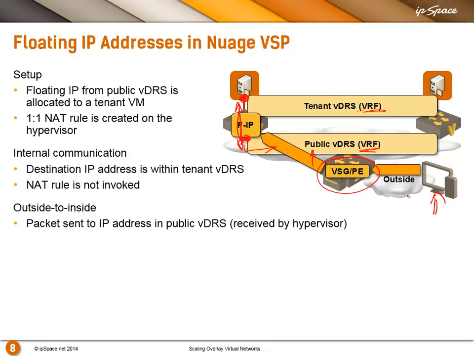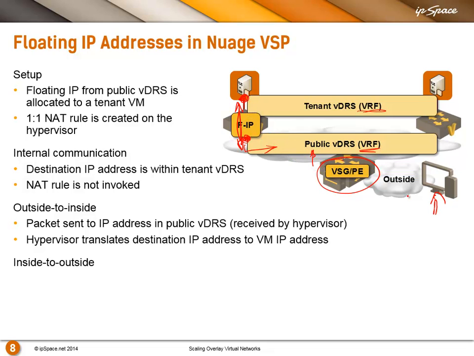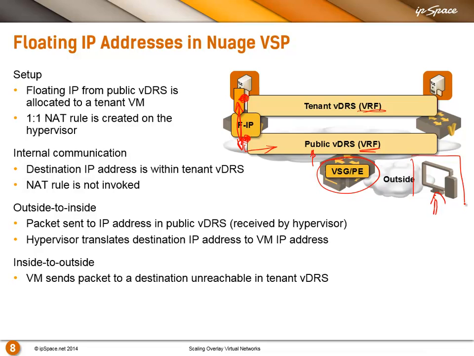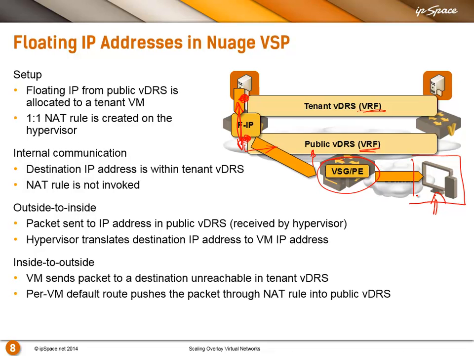And this one-to-one NAT rule sends the packet to the VM. On the other hand, if the VM is then replying to that, and the traffic is going from inside to outside, because the destination is not reachable inside the tenant address space, and there is a NAT rule for this VM, the hypervisor, the virtual router, would send the packet through the NAT rule to the outside world, apply the NAT transformation, and send the packet to the outside world, where it will eventually be delivered to the client over here.